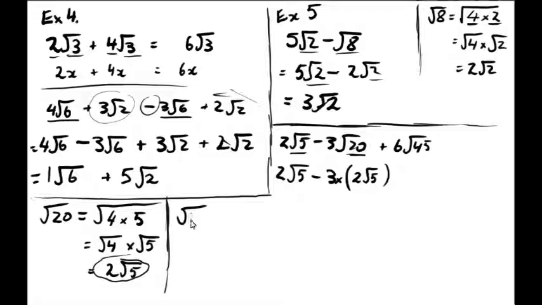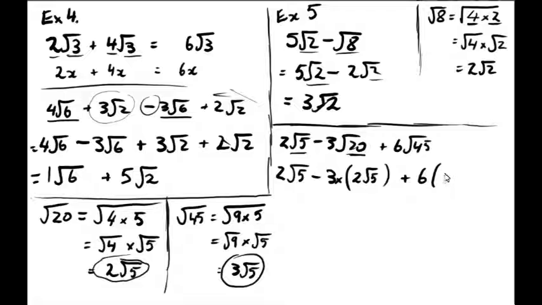And we've also got the square root of 45. We can say that's 9 times 5, square root 9, square root 5, so 3 root 5. Same thing, we've got that 6 multiplying the simplified version of the square root of 45, which is 3 root 5.